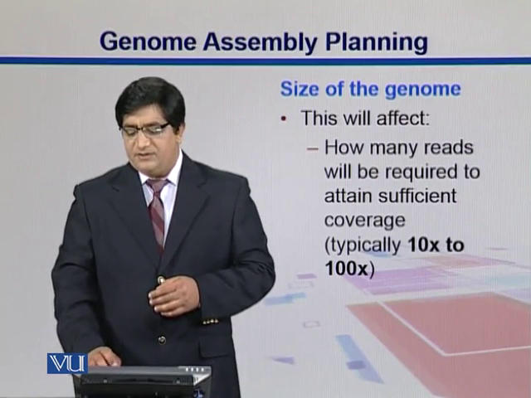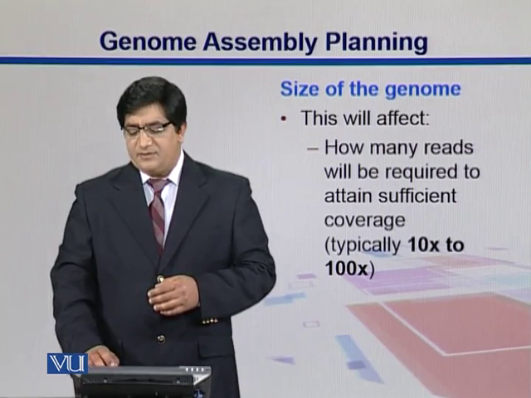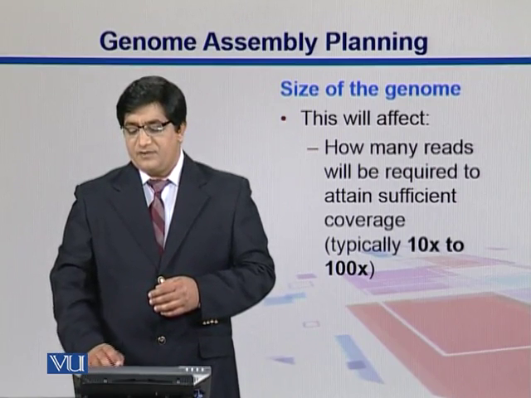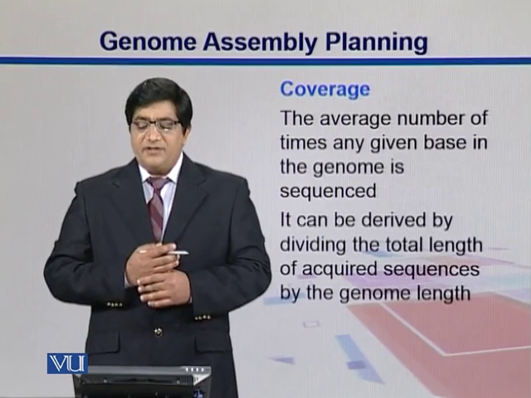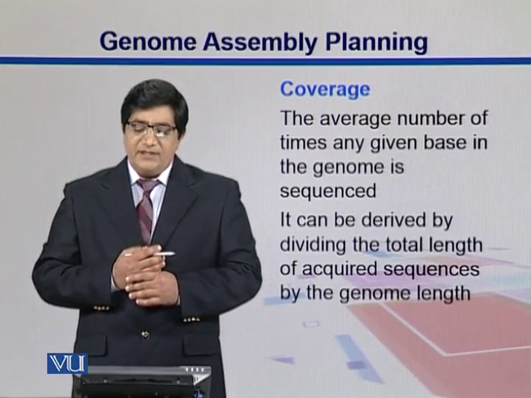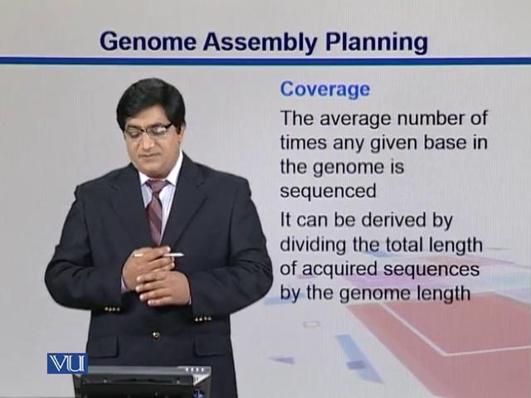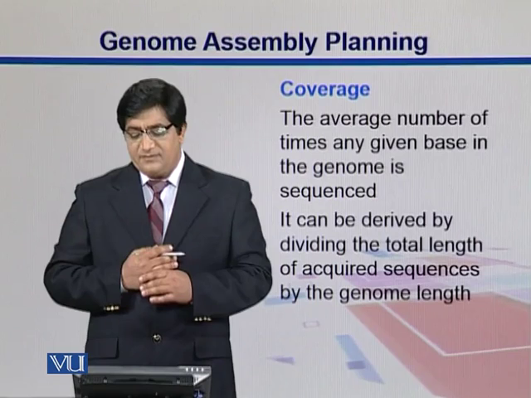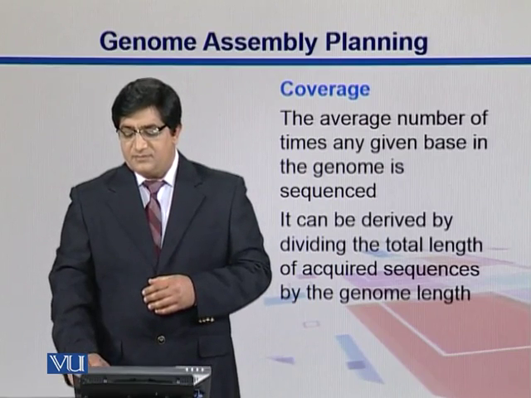Typically for an assembly project, the coverage can be up to 100x. Let's see what this is. Coverage is the average number of times any given base in the genome is sequenced. It can be derived by dividing the total length of acquired sequences by the genome length.